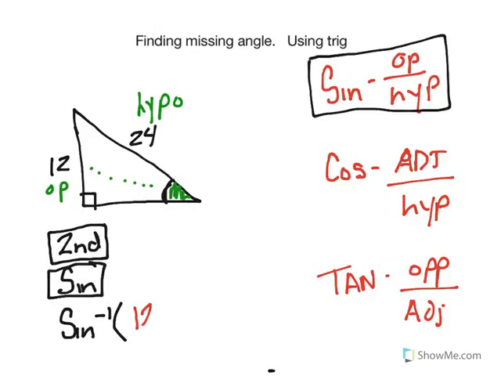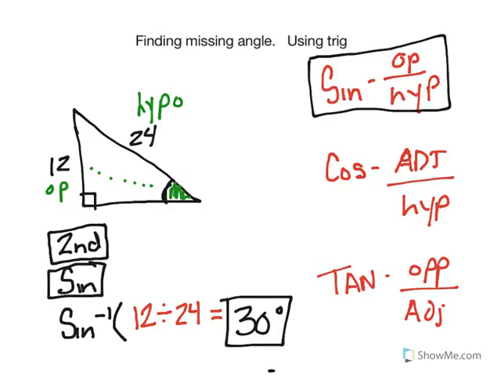So we will say opposite over hypo equals, and let me get my calculator out and go ahead and do this. I get 30 on the dot, and we are good to go.